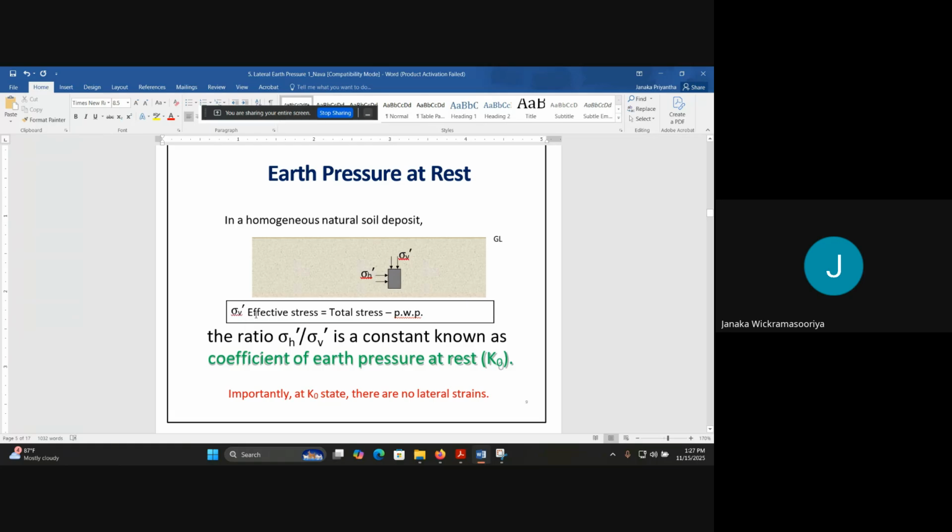So you know how to find the effective stress, total stress minus pore water pressure. If you know K naught, then sigma dash h can be found by K naught times sigma dash v. Right, we will be doing them later. Okay, if you need to write down anything, you can write it down.